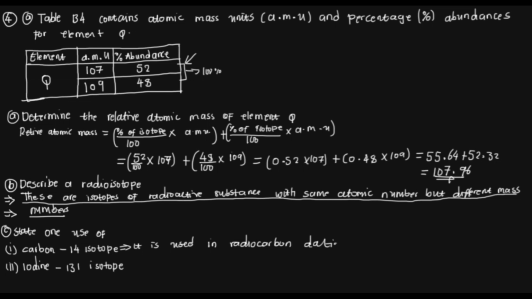This is a process by which scientists use the half-life to determine how long a living organism lived on Earth and when it died. Then for iodine-131, it is used to treat goiter.